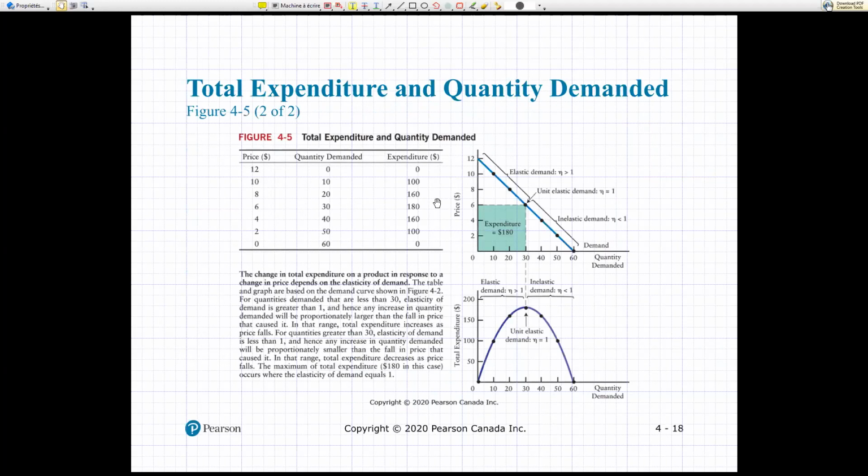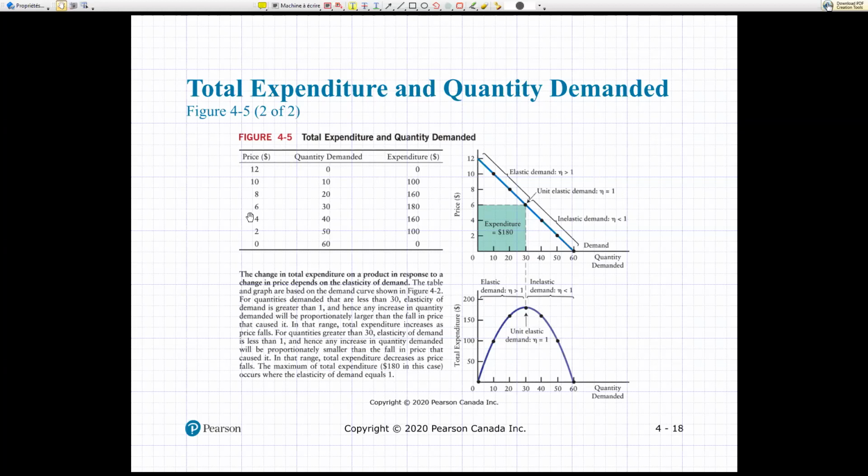All right, and here, for those who don't know calculus, this is how you do it. You just compute it at every possible quantity, and you're going to see that when the elasticity eta is about 1, but this is -1, so add minuses there, then this is when the expenditure is at its maximum. The kind of things they can ask you is: this is the quantity demanded, this is the expenditure.